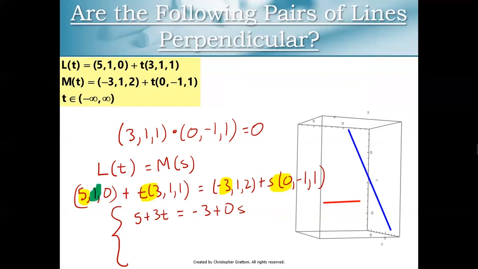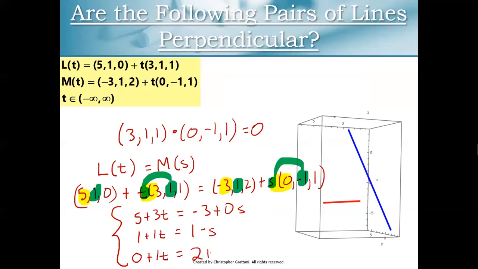So then we thread out the corresponding y coordinates, and you would get 1 plus 1t is equal to 1 minus s, and so on and so forth. We're going to do it for the z coordinate as well: 0 plus 1t is equal to 2 plus 1s.